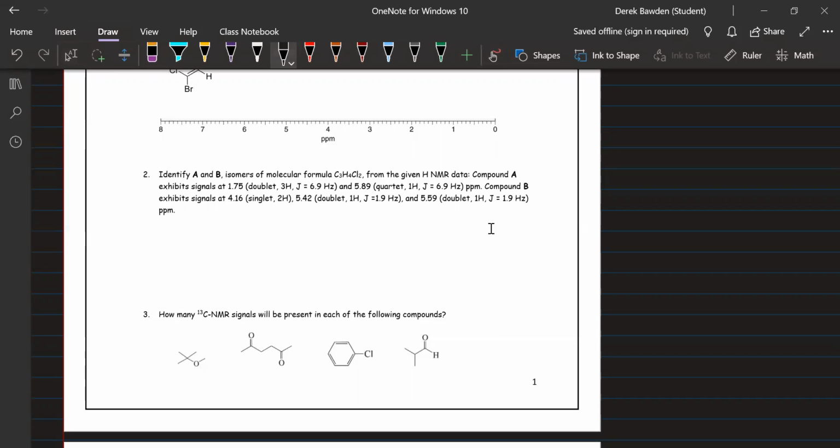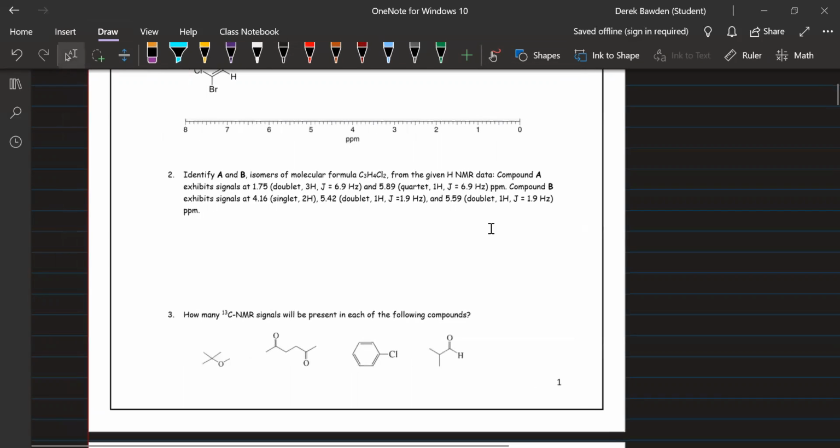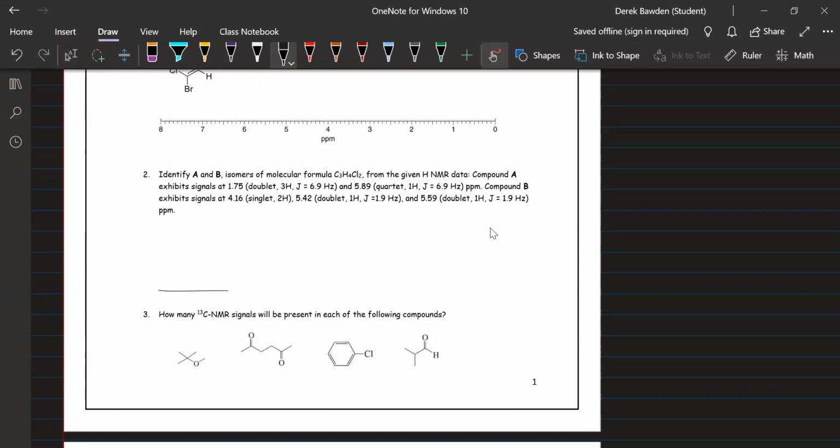So let's go ahead and draw A. Okay, so at 1.75, we have a doublet. You guys can remember this is 1.75. We have a doublet, and there are 3 hydrogens there.